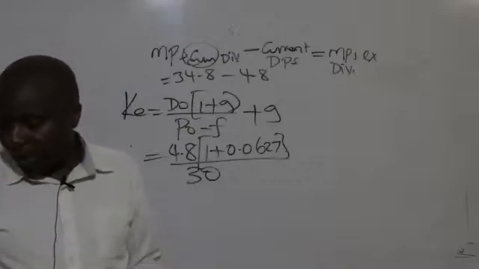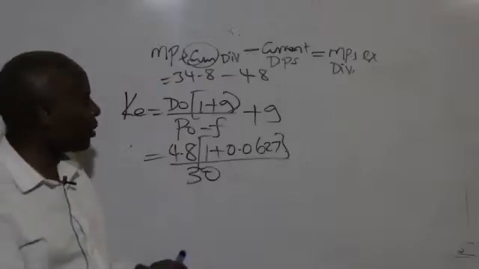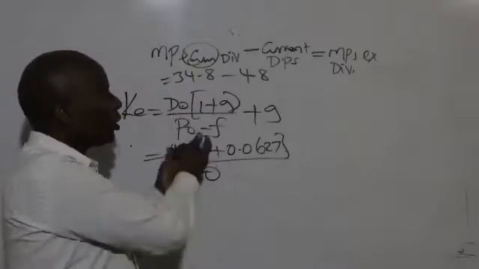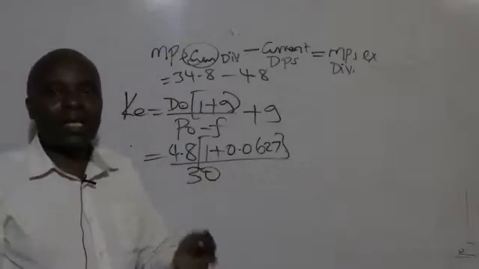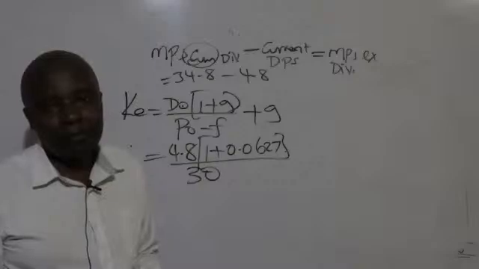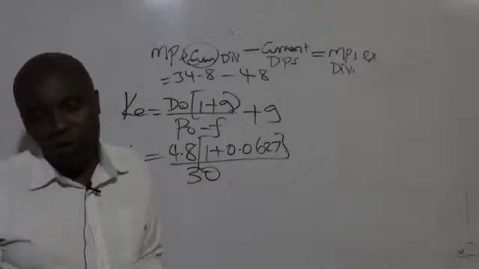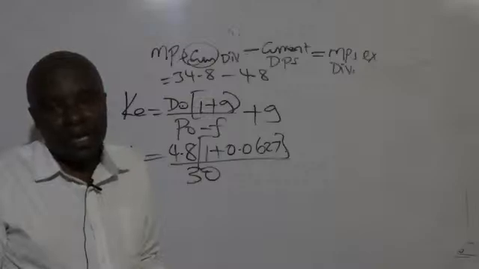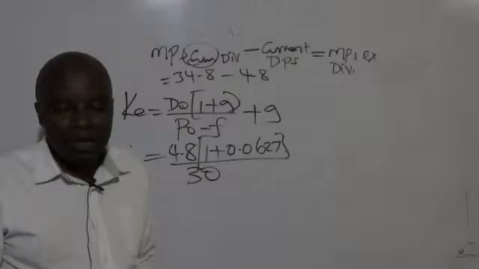Remember, D0 is not supposed to be the oldest. You know, the students will tell you that this O stands for oldest. No. D0 stands for the most current dividend. And between these years given there, 2015 to 2018, which one honestly is the most current year? It is 2018. And what's its dividend? It's 4.8.